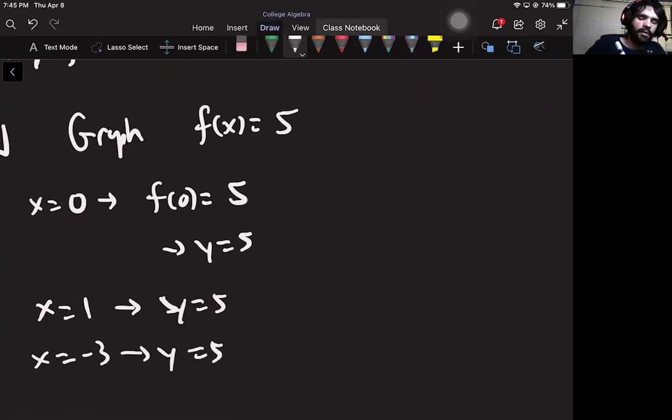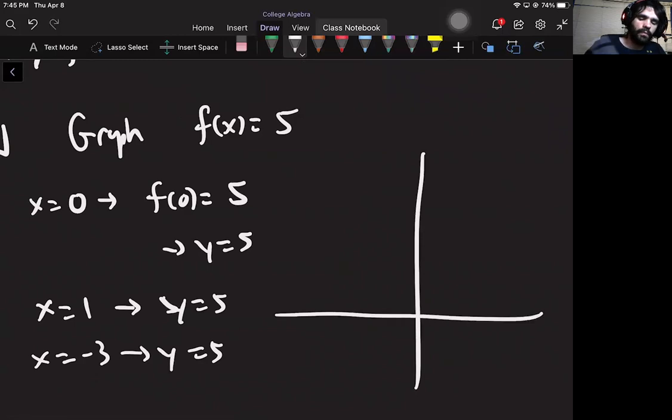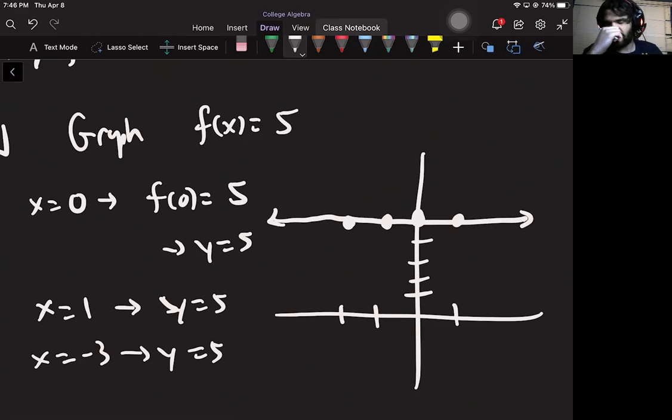So when I go to graph it, this is saying that the y value is always 5. So 0, 5, 1, 5, negative 1, 5, negative 2, 5 are all on the graph, and they just form a perfectly flat straight line. And that's another way to see that the slope should be 0, because there is no rise. It's not rising at all.